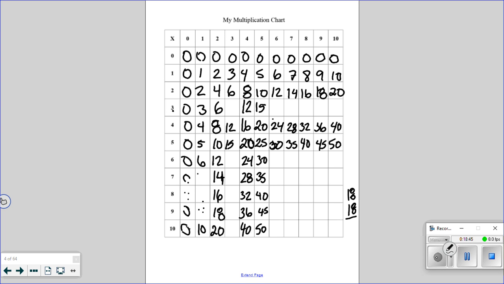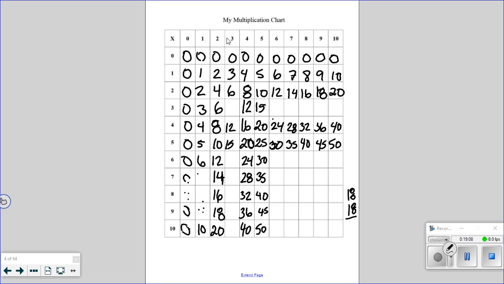All right, we're going to use a strategy that we learned today with our 3s. Even if I'm not a good skip counter, I can use my 2s to figure out my 3s. Let's go to our first 3 that we don't know. That is 3 by 3. It's in this box right here. I know 2 groups of 3 is 6.